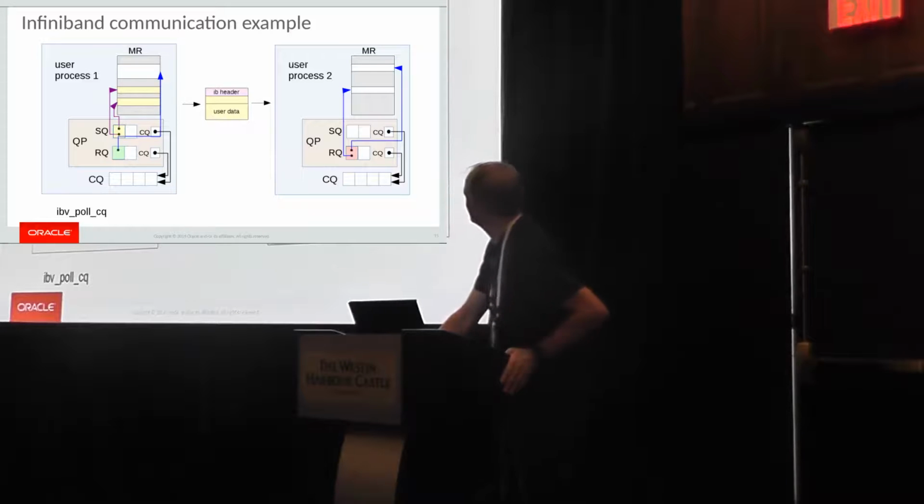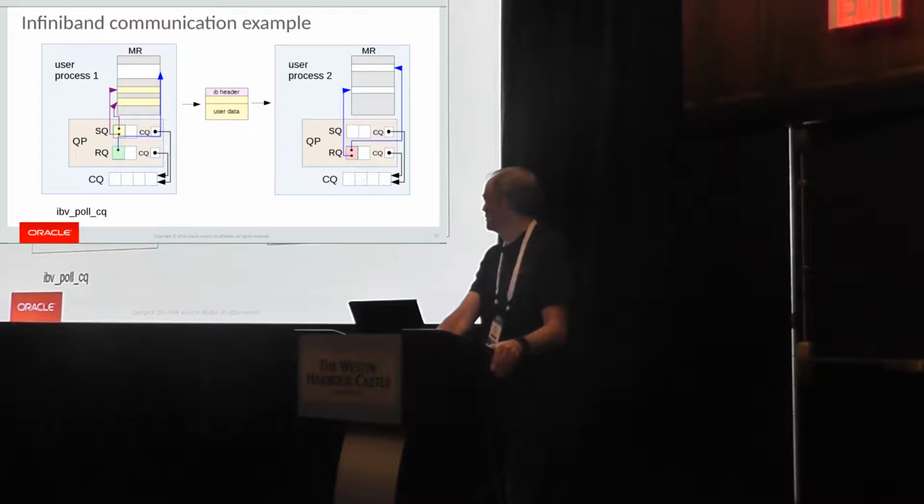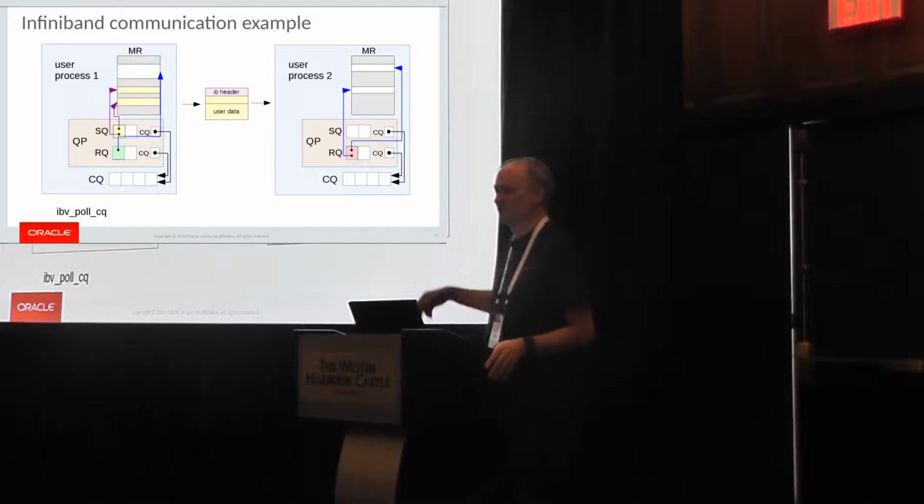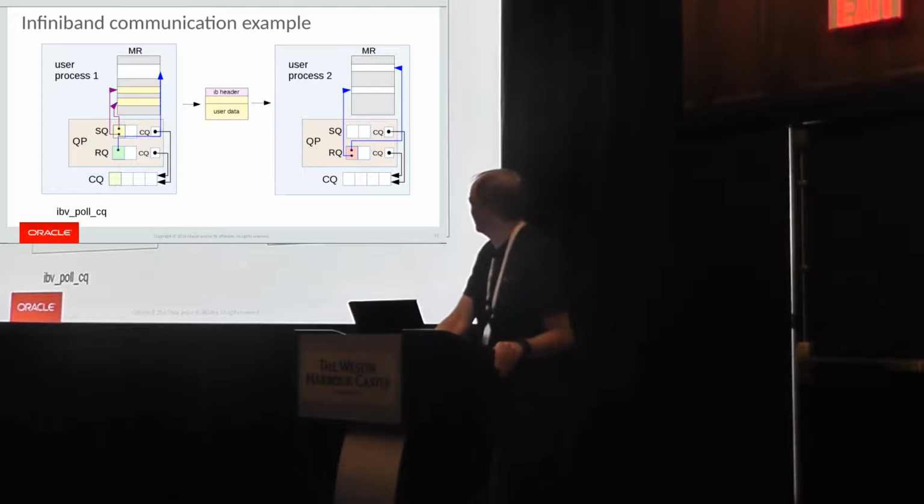And on the other side, this user process 2 would poll its completion queue. It could wait for events as well, or be interrupt driven, but this is the fast path scenario where it's active and polling and waiting for packets to come in.